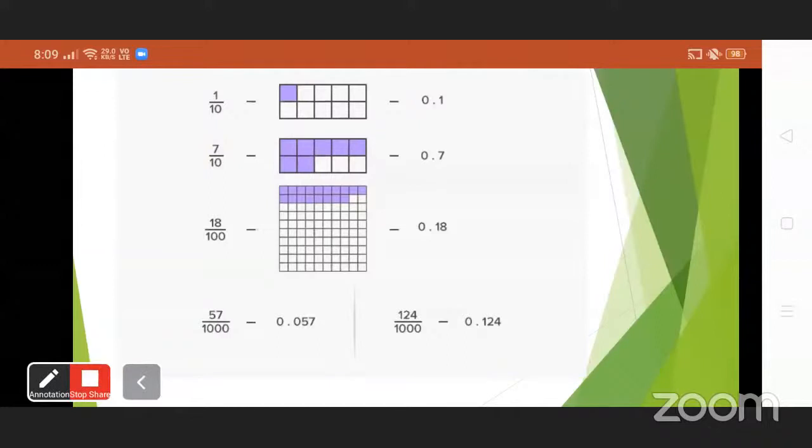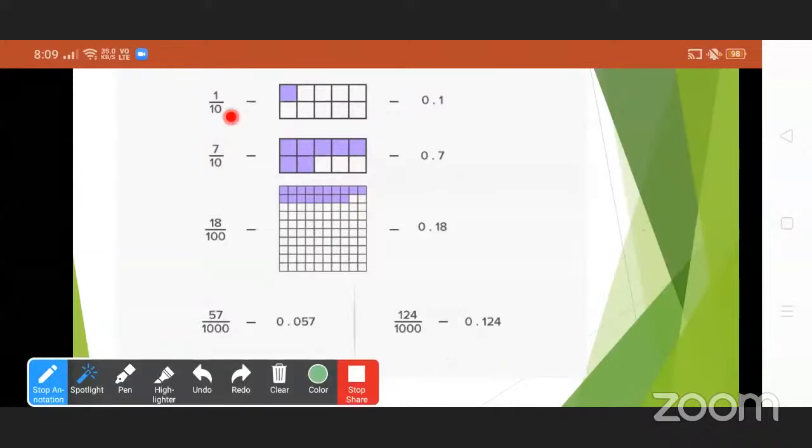Numerator is 1 and denominator is 10. In the second one, 7/10, 7 is the numerator and 10 is the denominator.